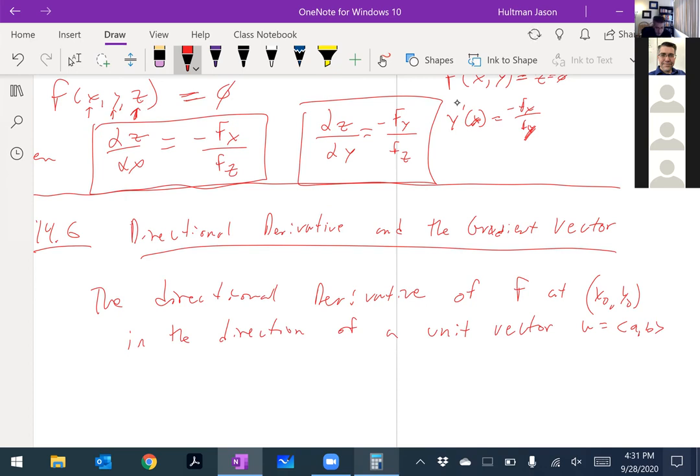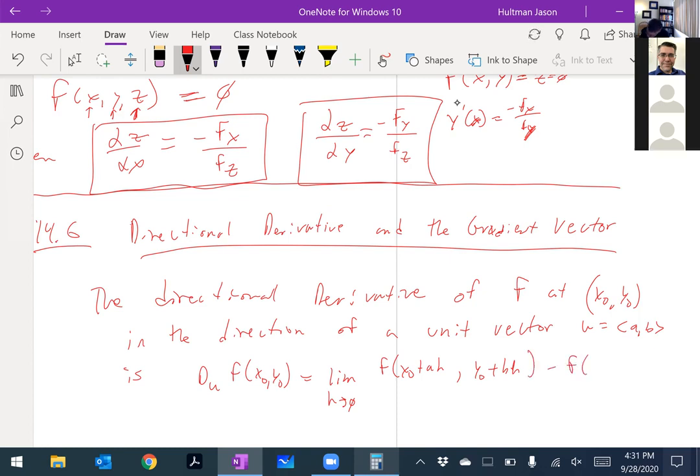The directional derivative is D sub u f of x naught, y naught equals the limit as h goes to 0 of f of x naught plus ah, comma y naught plus bh, minus f of x naught, y naught, all over h.